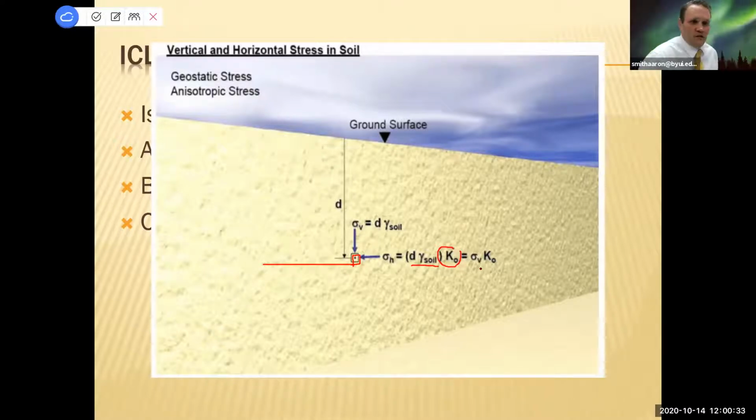This is called the coefficient of earth pressure at rest, which we just said is roughly about 0.5. If you multiplied 0.5 by the depth and your unit weight, that would be the equivalent soil horizontal pressure that you're feeling, this lateral earth pressure.